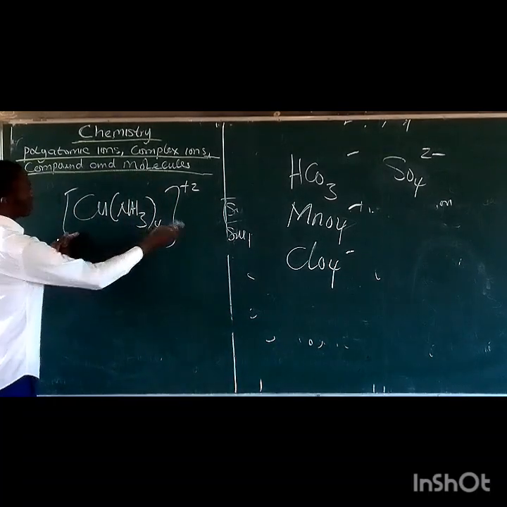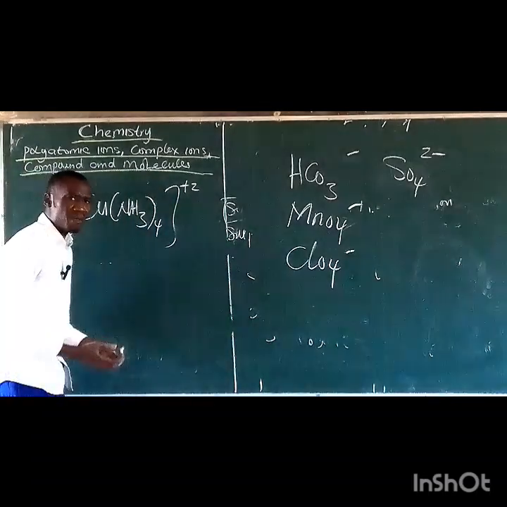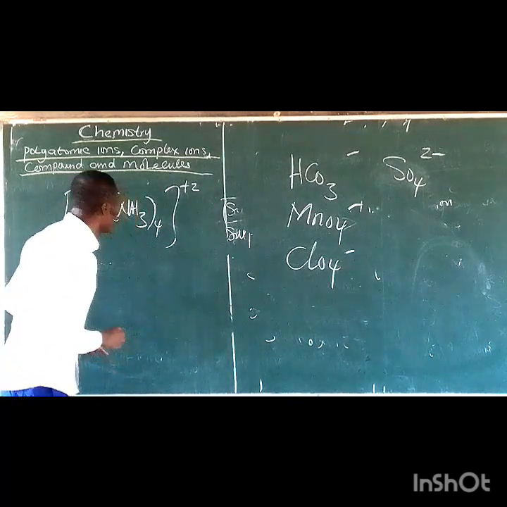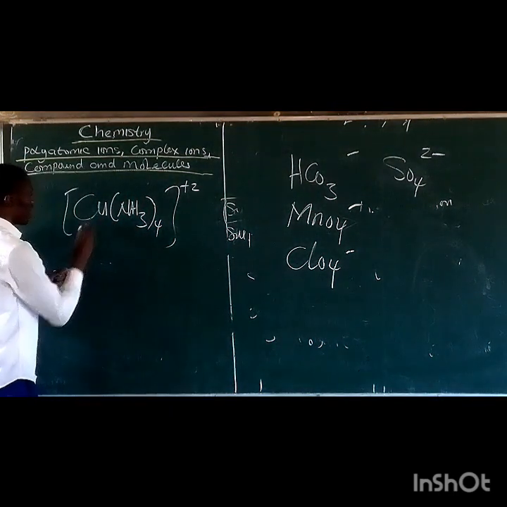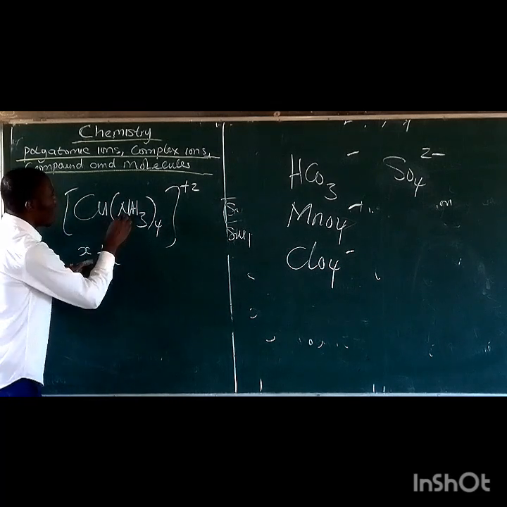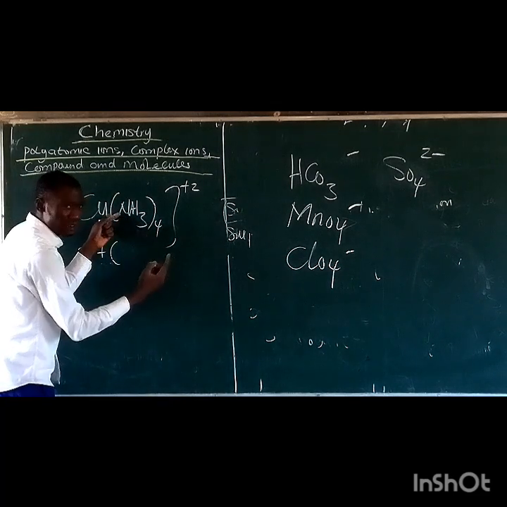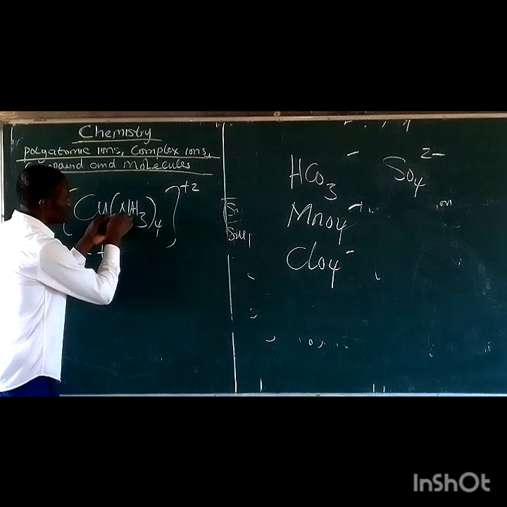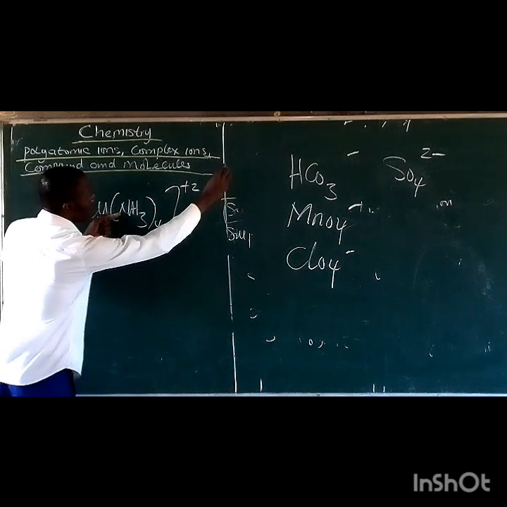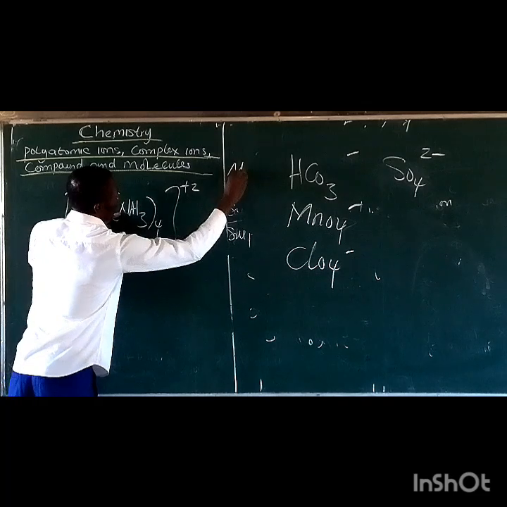Now, this is copper(II) tetraammine. Why? Because of the ligand over here. Copper is x, we don't know that. Then we have 3 times 1, that is 3, times, this is nitrogen. Nitrogen has an oxidation state of minus 3.